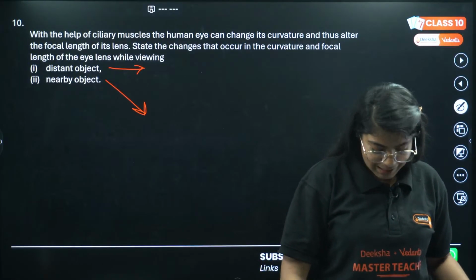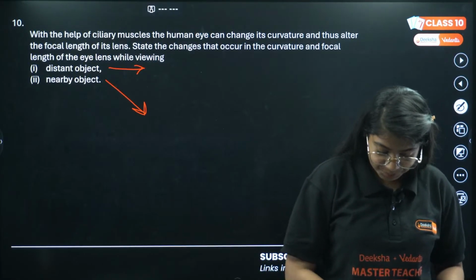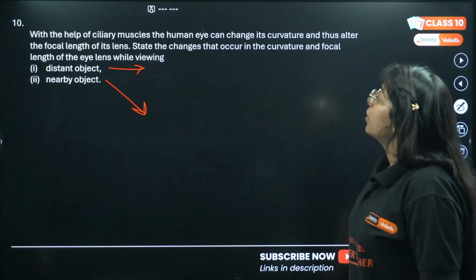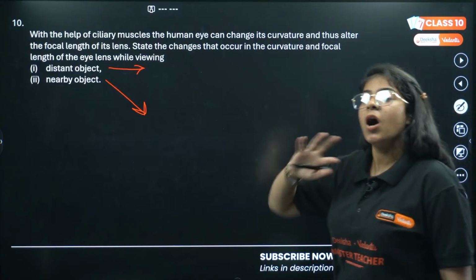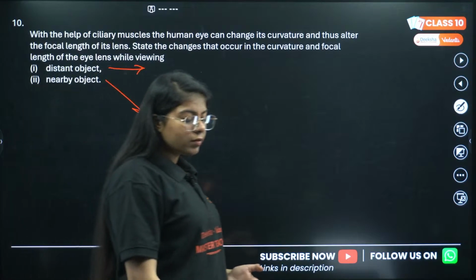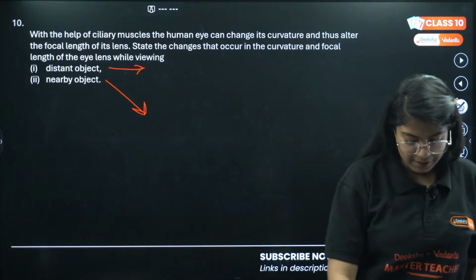Let me know the answer first, then you can go on with your chat. With the help of these muscles, how will the eye lens change when we see a distant object or a nearby object?